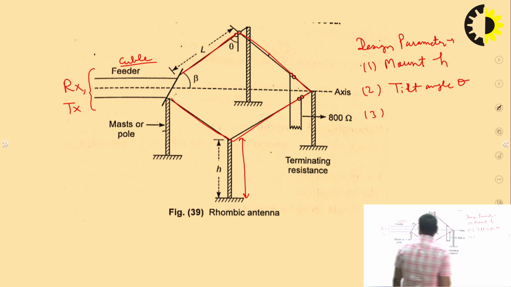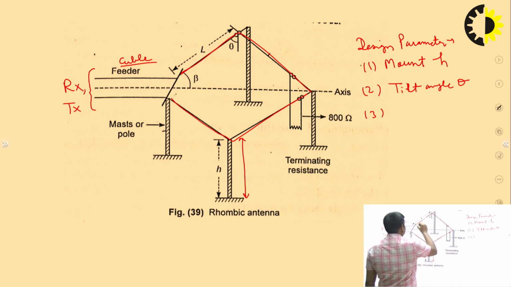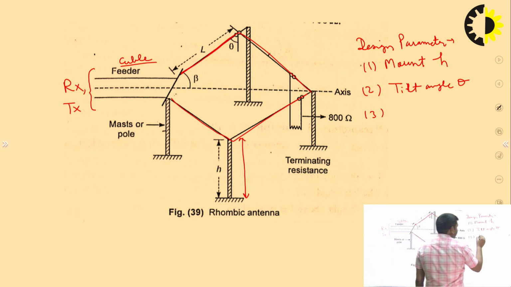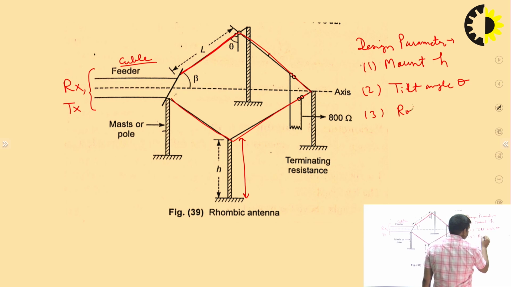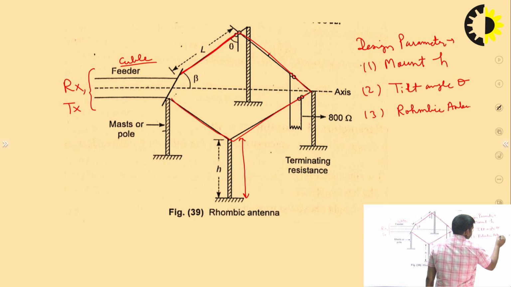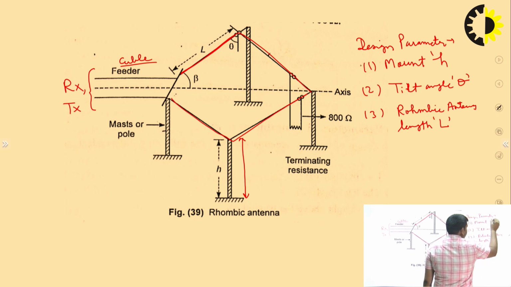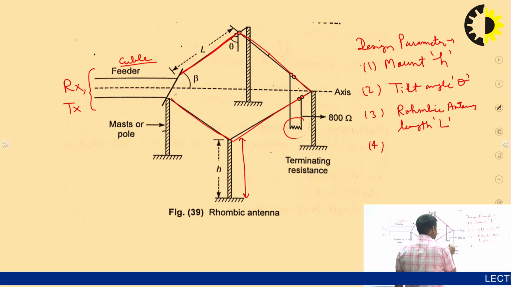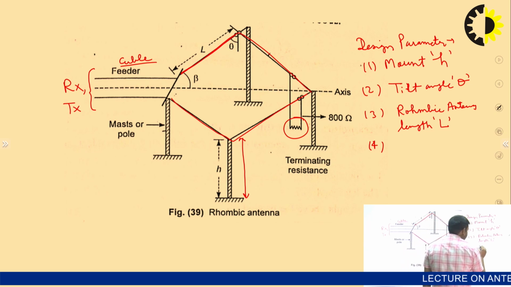Third one is the rhombic antenna length L. Fourth one is the load impedance ZL.